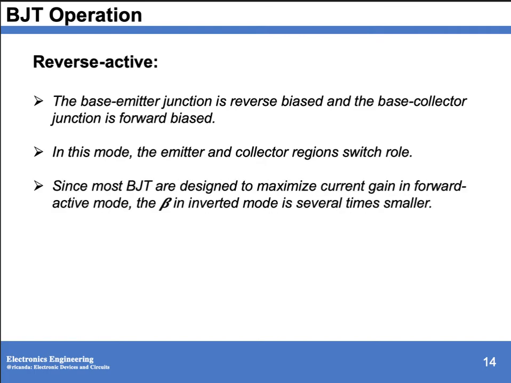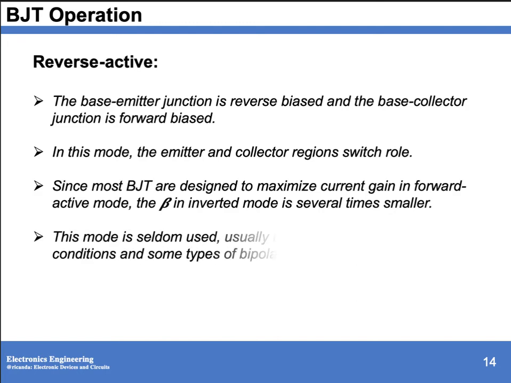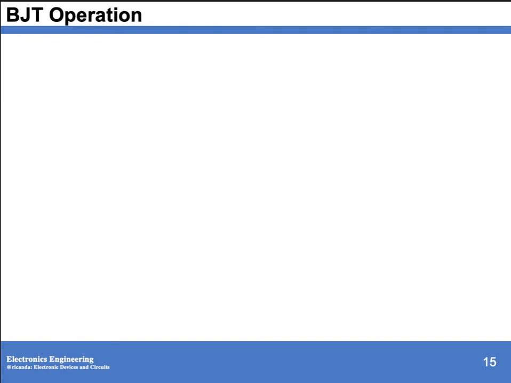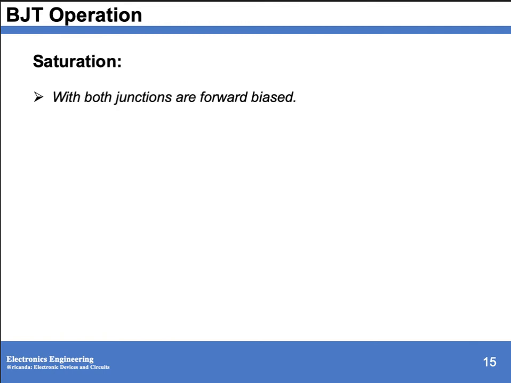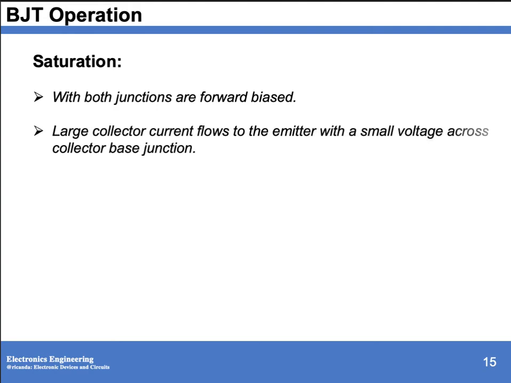Since most bipolar junction transistors are designed to maximize current gain in forward active mode, the beta in inverted mode is several times smaller. This mode is seldom used, usually being considered only for fail-safe conditions and some types of bipolar logic.